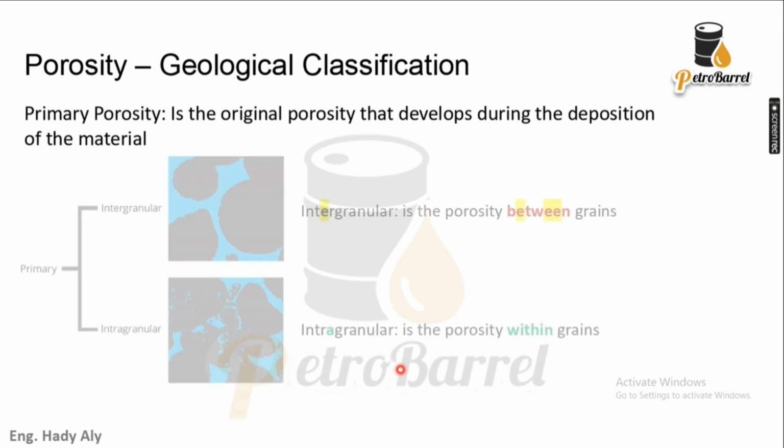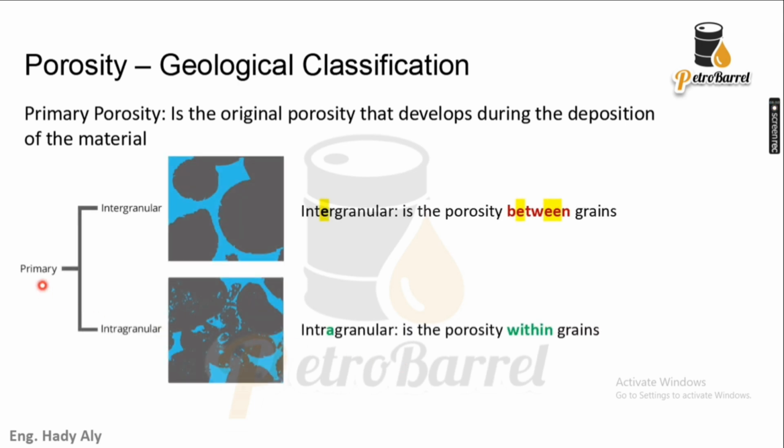Let's move on to the types of the primary porosity. It is classified into two main types: intergranular, which is the porosity between grains. As you see, I have a lot of pore spaces between the matrix or between the grains of the formation.